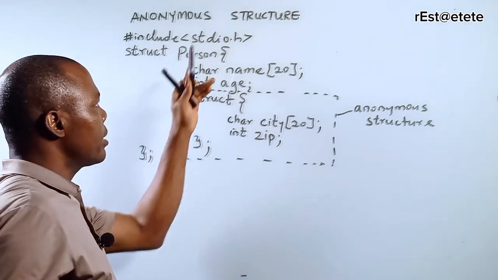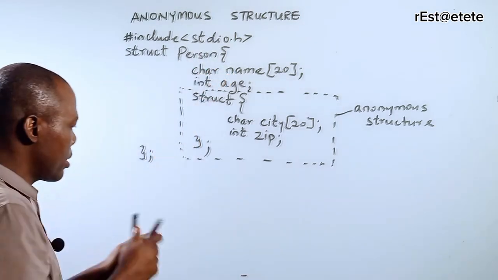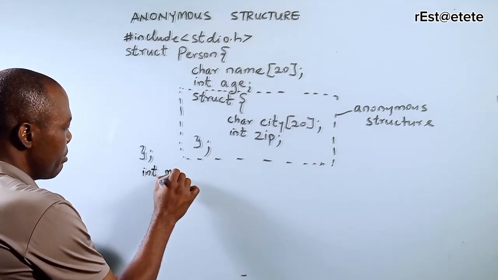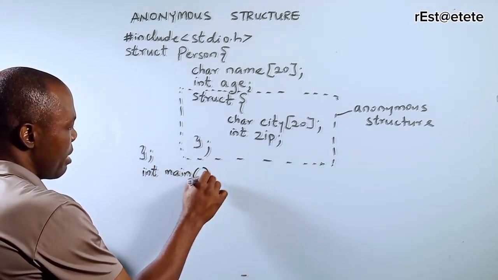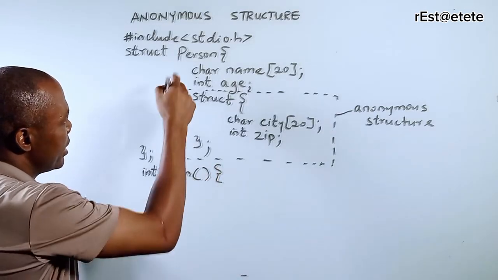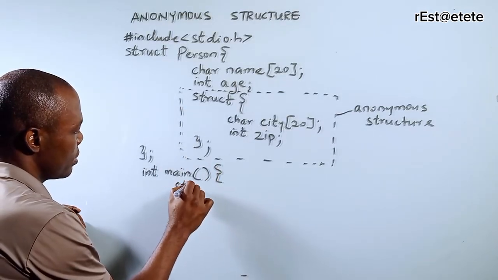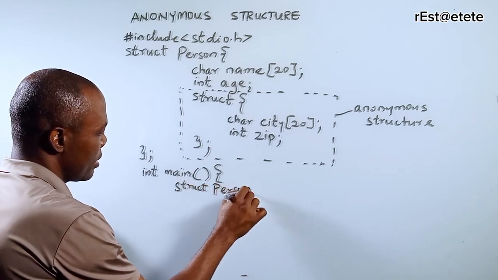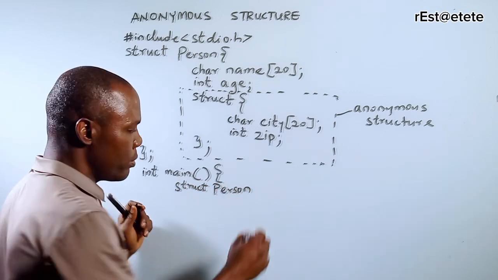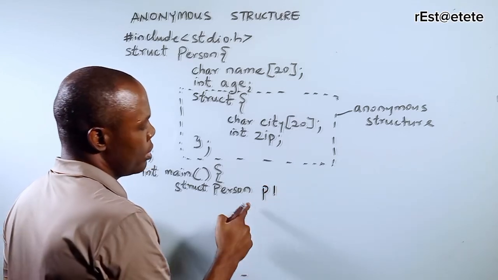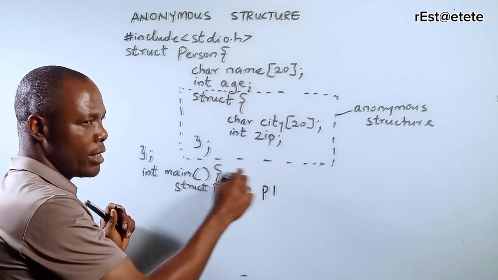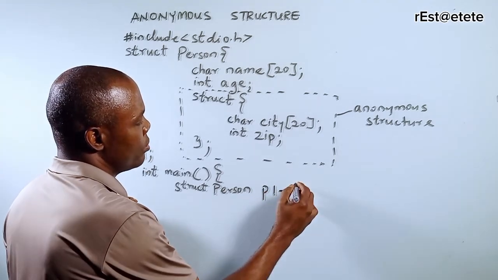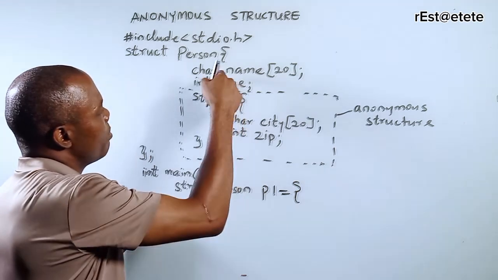So let's create the variable for this person. Int main, my main function. Inside it, I will say struct person, and then I'm going to create the variable, which is p1. This is a person that we have created, just like your physical body. So we assign the values to it. What are the component parts?